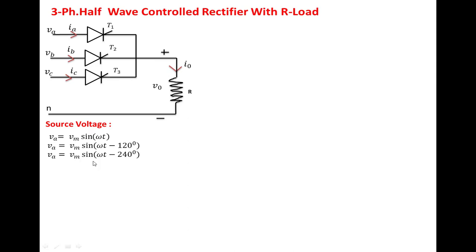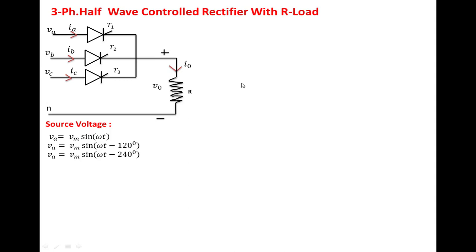We have taken the input voltage as the phase voltage because when the SCR is conducting, the load gets the phase voltage only. Whenever an SCR's input voltage is more positive than the remaining two phases, that particular device will be forward biased.